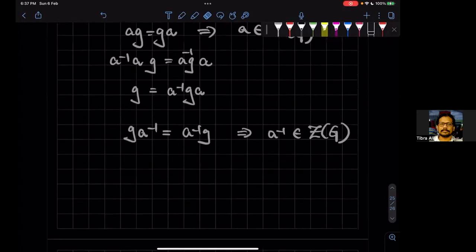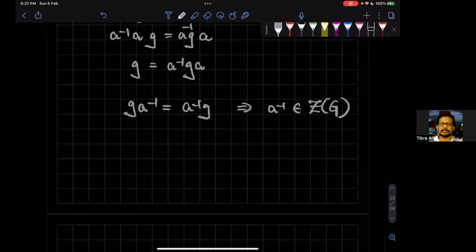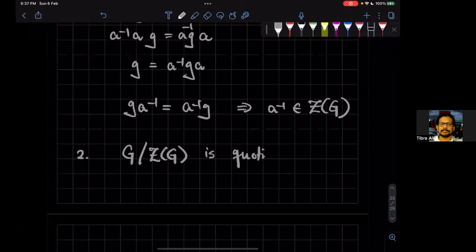Okay, and then some definition. The last thing I'm going to do today is that since Z(G) is a normal subgroup, the quotient group G over Z(G) exists, right? We have proved this. Well, I've given you the proof to prove by yourselves.